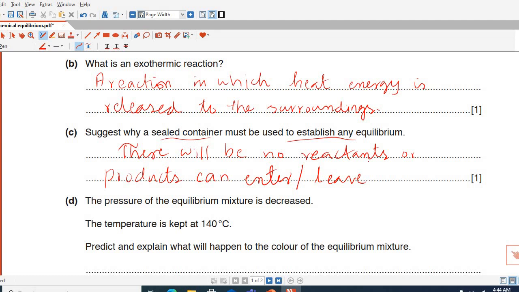So that is the reason that the sealed container must be used, right? Then what will happen? We can establish an equilibrium.